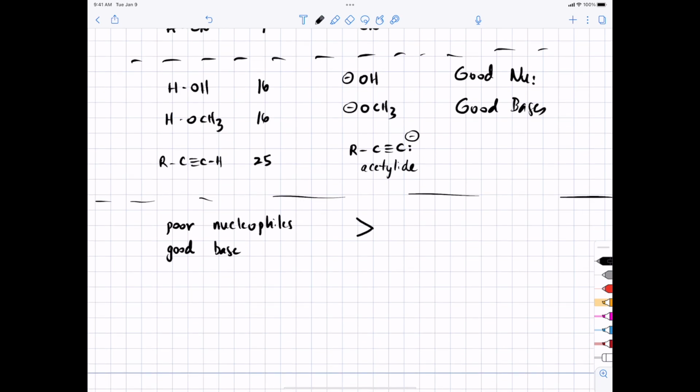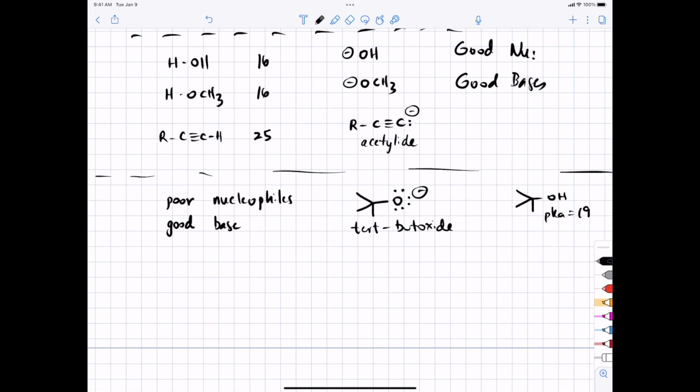One of these is tert-butoxide. The conjugate base of tert-butanol, pKa of this is 19, even less acidic than a typical alcohol. So you would predict this to be a good nucleophile, and yet it's not, and that's because it's just too large.